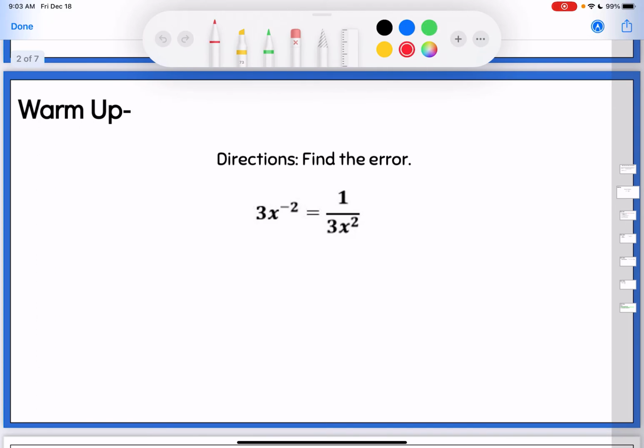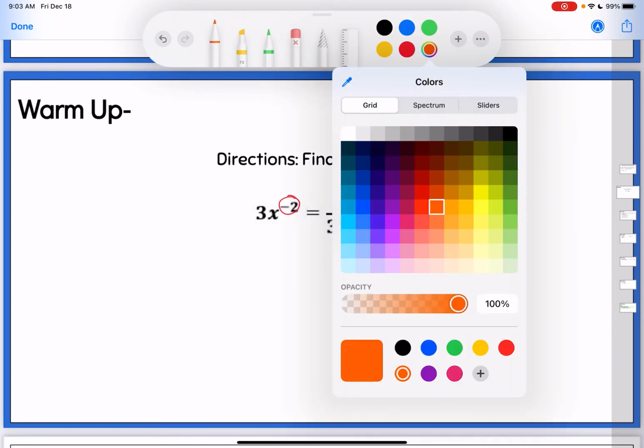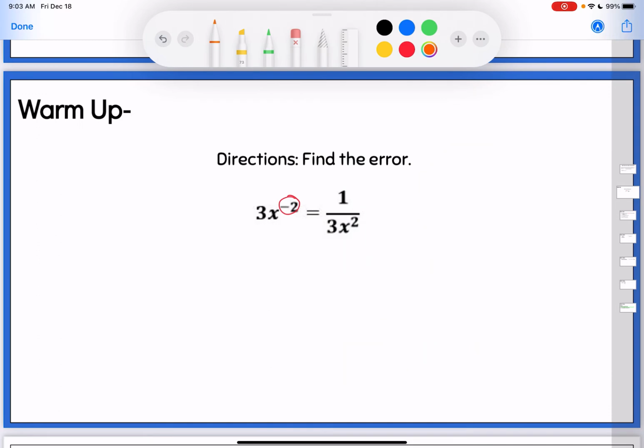So the error on this one is an easy one to miss, and it happens a lot, but be careful. I do see that I have a negative 2 exponent here, but the base is x. What is the exponent on the 3? The exponent on the 3 is that invisible positive 1, right?